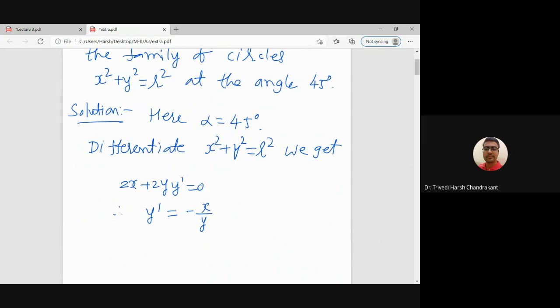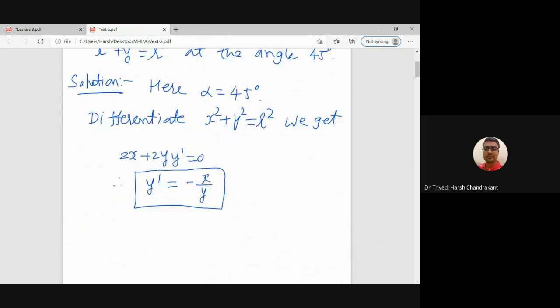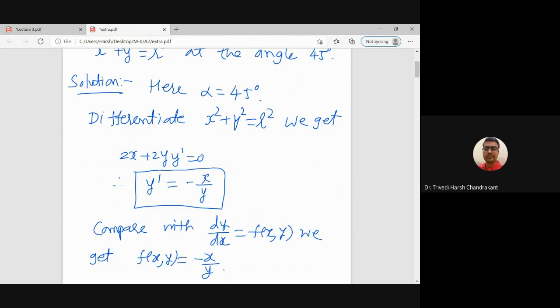Right, so this is dy by dx is equal to f of xy. So compare with this, we get f of xy is equal to minus x divided by y. Right, now we got the function f.